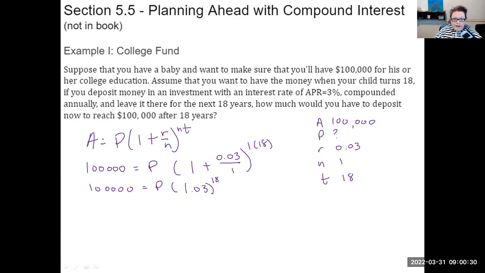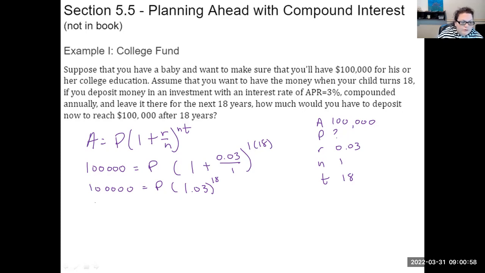For those who do not have the answer key, you have to write down this entire number that just popped up on your screen. Okay, those with an answer key and those who don't, you're going to now type in, don't clear this, 100,000 divided by second answer equals, or instead of second answer, type in that whole number. How much would you have to deposit now to reach $100,000?